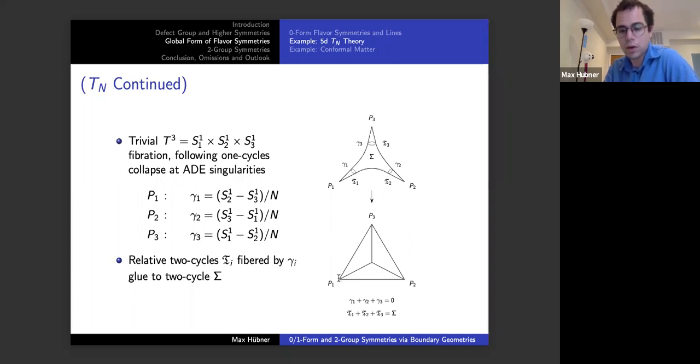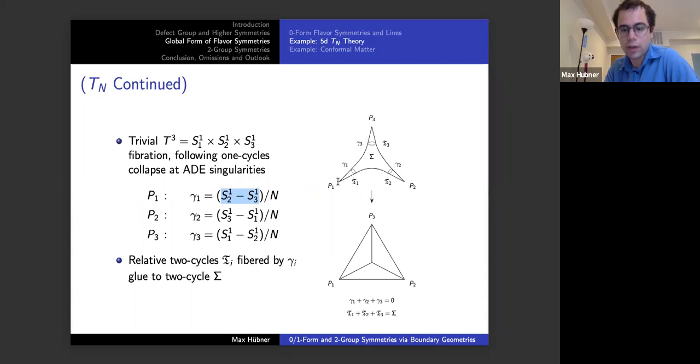There's an ADE singularity along the circle above this. And it's quotiented in the transverse directions, which are Z2 and Z3. And so the vanishing 1-cycle is the Hopf fiber of the ADE singularity transverse to the ADE locus. So in particular, we now get the following picture in the boundary geometry.